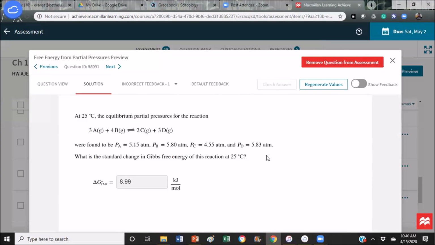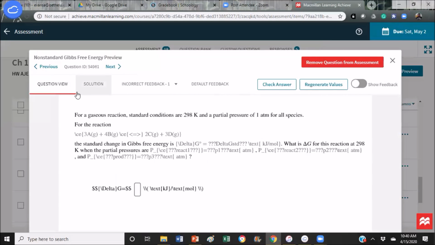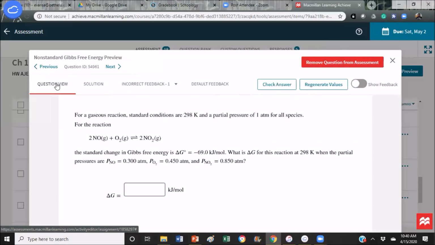But so we're just working from this. I mean, there are some problems like this. Let's see. Just looking at some more problems on this. Okay, this guy would be your Gibbs non-standard. They give you the Gibbs standard, and they give you the pressures of these guys during the reaction.